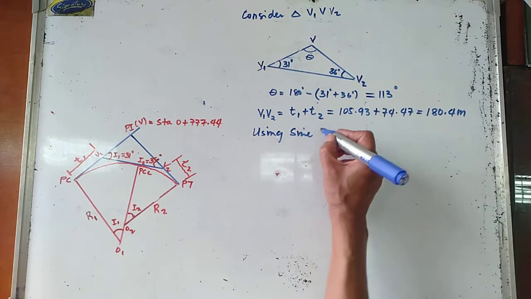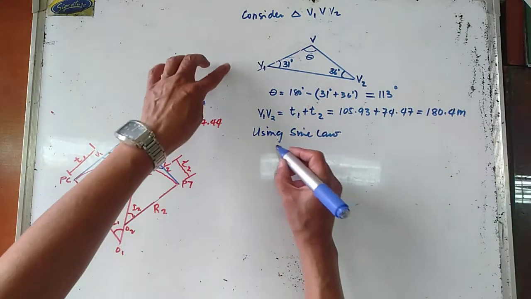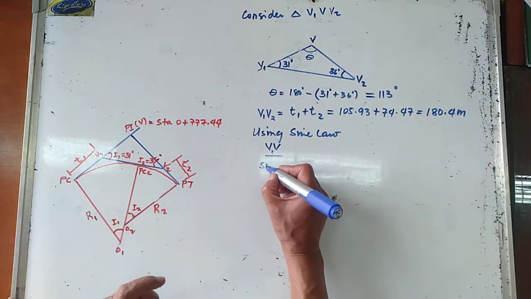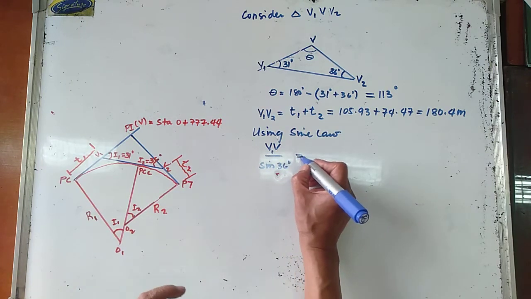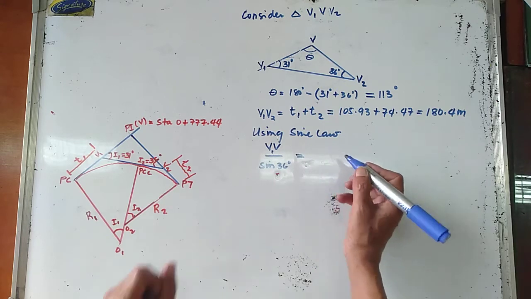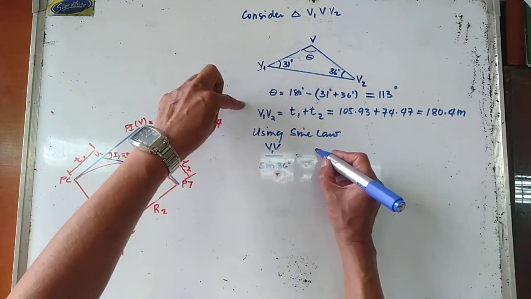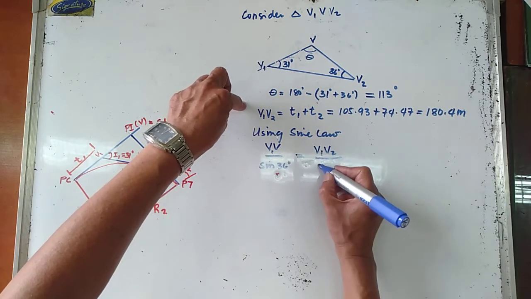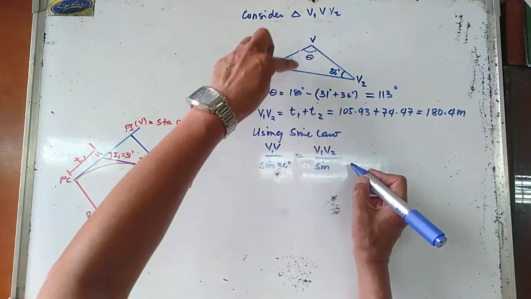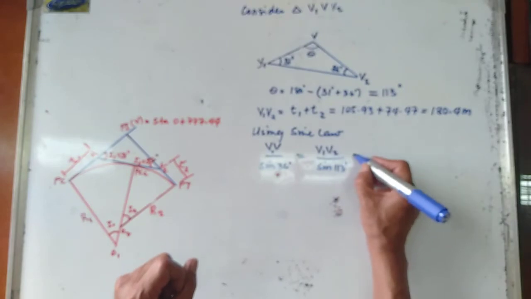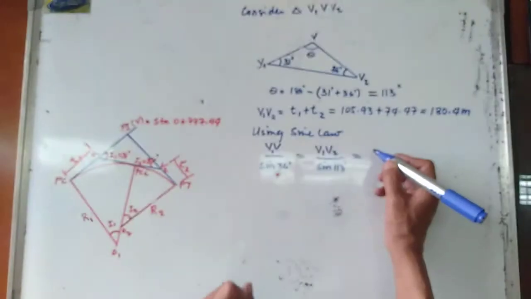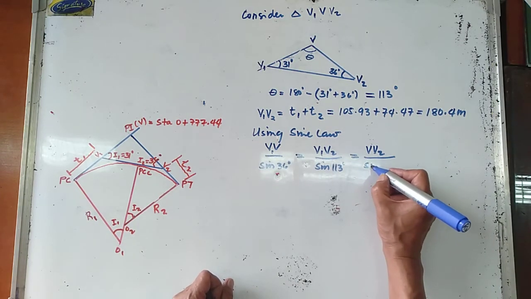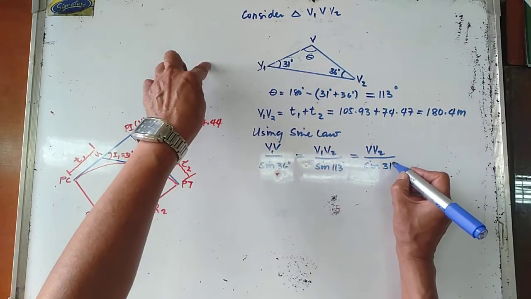Using sine law, then we have V1V is to sine of 36 degrees is now equal to V1V2 is to sine of theta, and theta is 113 degrees, is now equal to VV2 is to sine of 31 degrees.